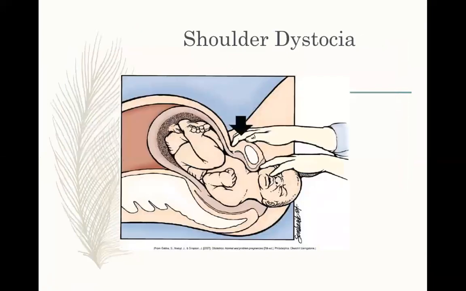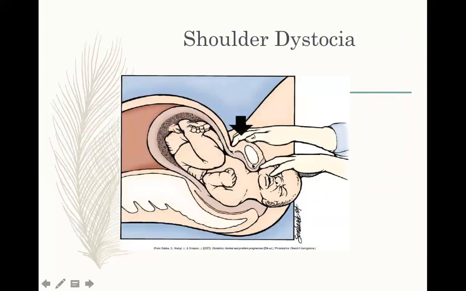So moving on to our next lovely topic, an emergency: shoulder dystocia. As you can see from this picture, a shoulder dystocia is when the baby's anterior shoulder gets stuck behind the pubic bone.